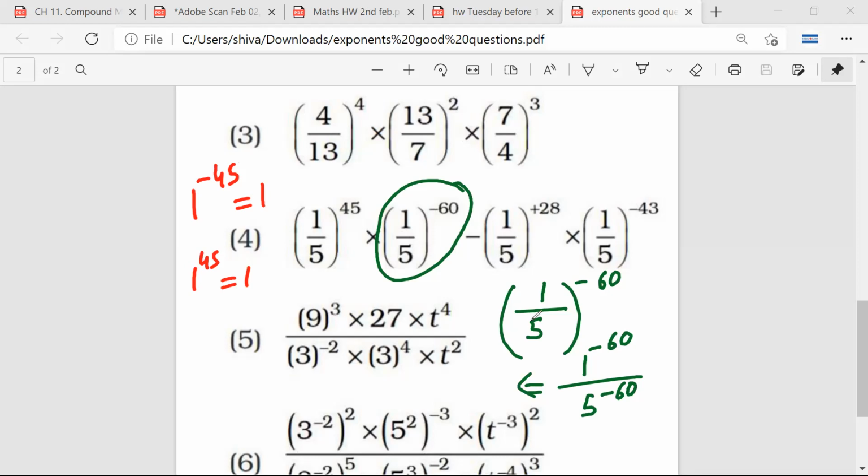No, sir. Is there a confusion that 1 raised to power 0 is also 1? No, sir. So if there is no confusion, is it okay if I write 1 raised to power minus 60 as 1 upon 5 raised to power minus 60? Is there any confusion about this?